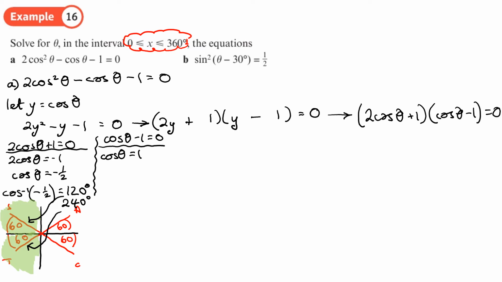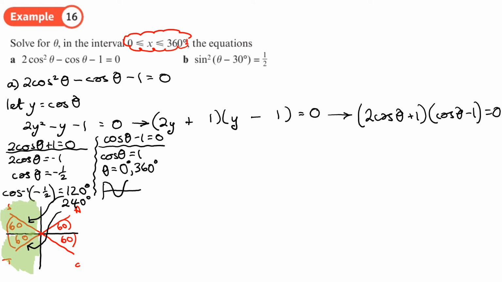So theta equals 0. Now we should be able to work this out without a CAST diagram. In fact, the CAST diagram doesn't really help. So the graph of cos, it's 1 at 0 degrees, and it's also going to be 1 at 360. So there are solutions there.